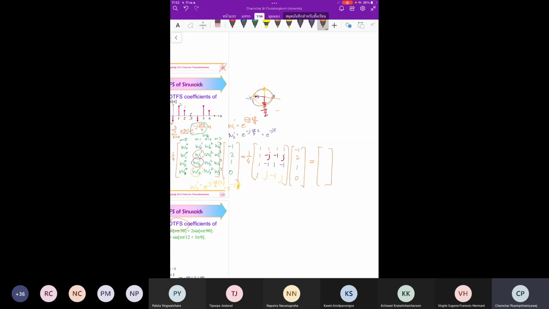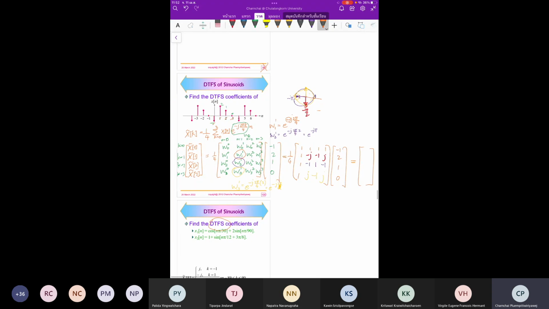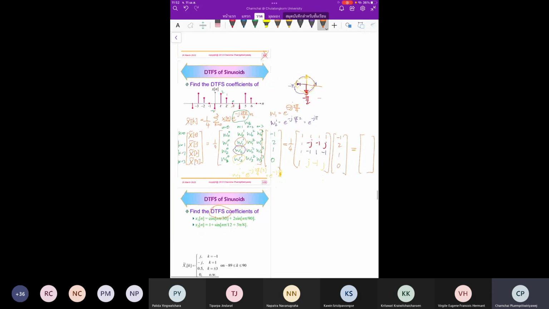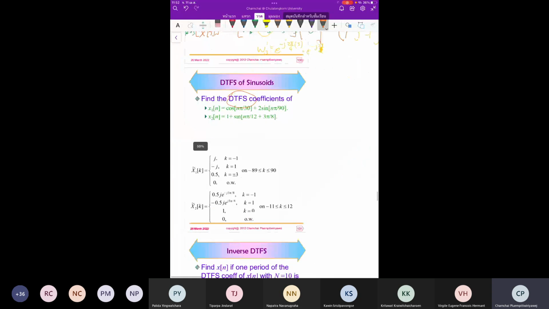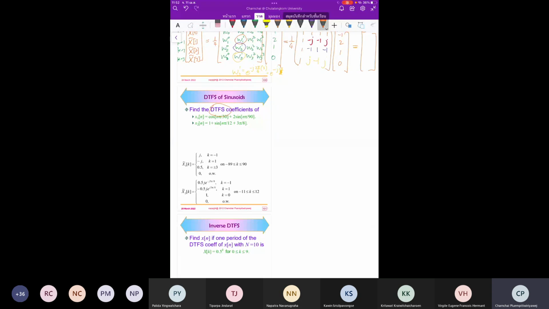There's nothing hard about this chapter, but the summation can be tedious. Most of the time we do it using a computer, of course. We don't really sum them by hand. But if you do it in the homeworks or in the exam, you might need a good calculator to calculate the sum. That's all.